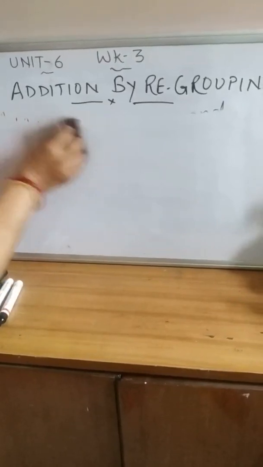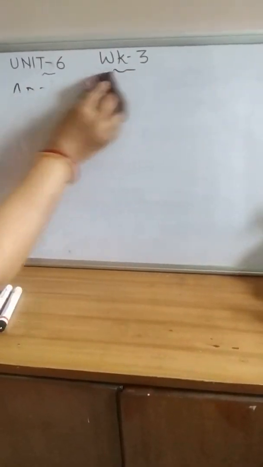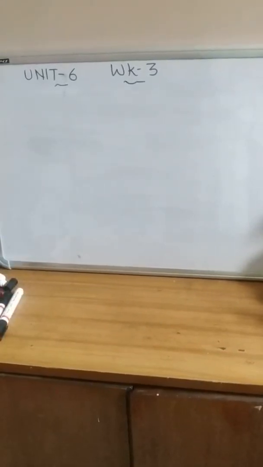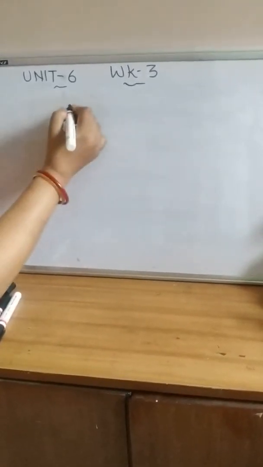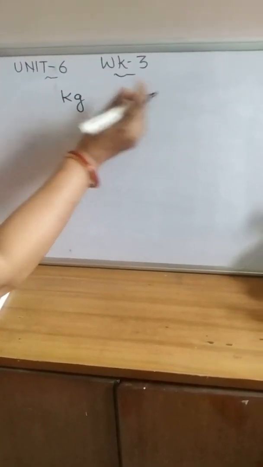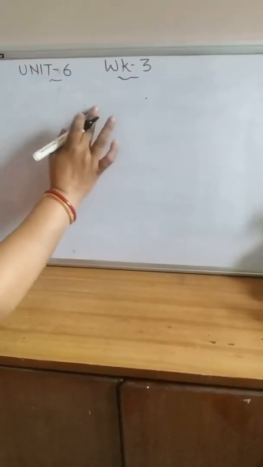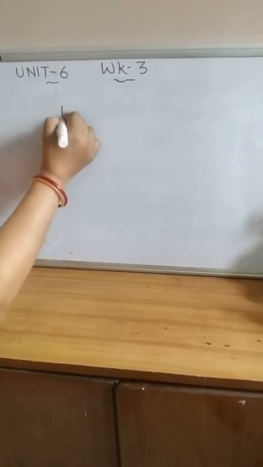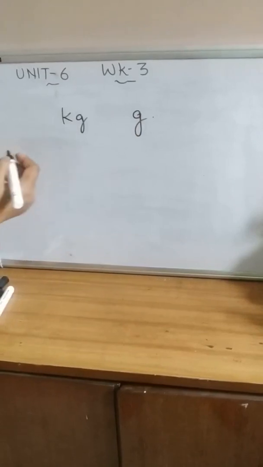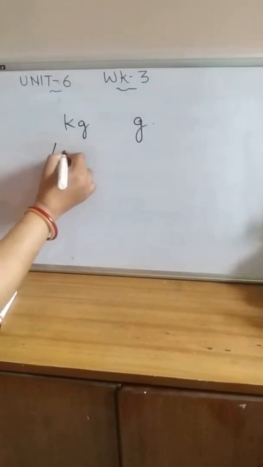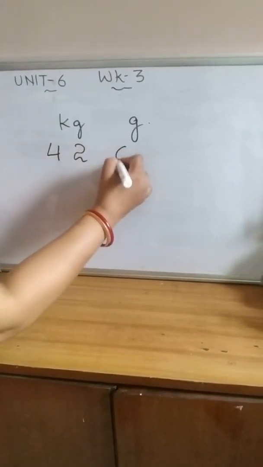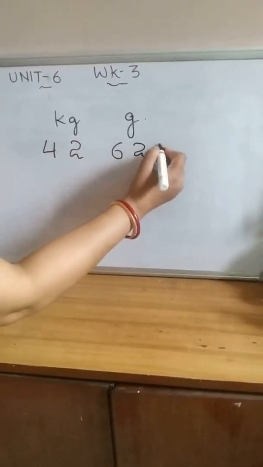So let us make the column first. Column of which unit? Kilogram and gram, right? So here 42 kilogram and 625 gram.